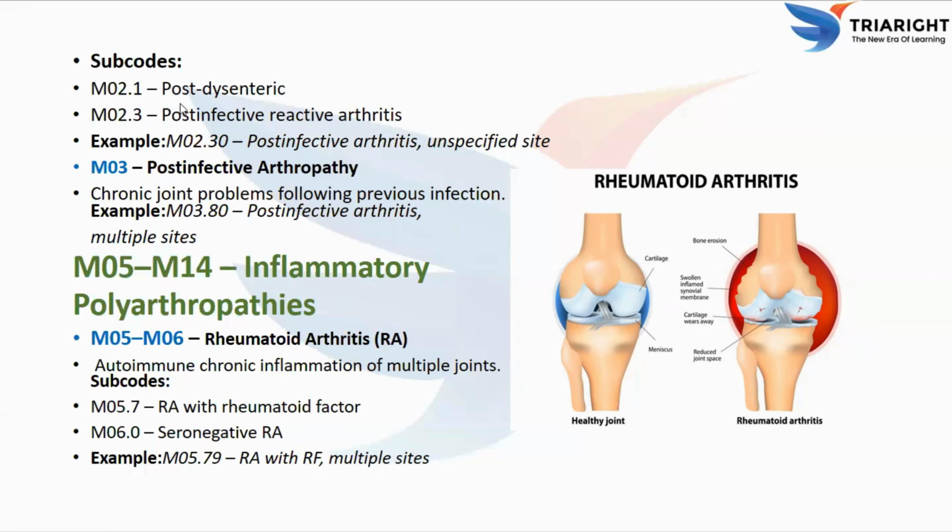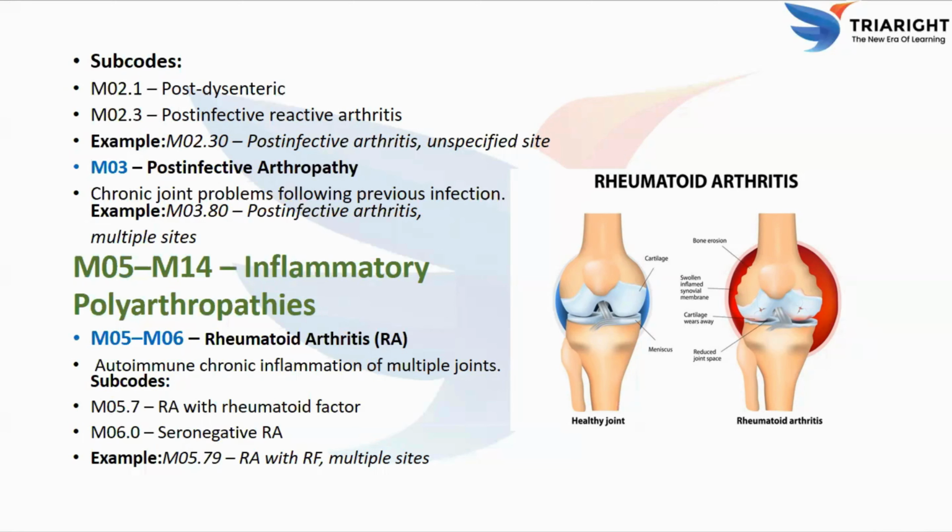M02.1 for post-dysenteric reactive arthritis. So M02.1 is triggered by gastrointestinal infections like Shigella, Salmonella and Campylobacter. Whereas M02.3 is a post-infective reactive arthritis.